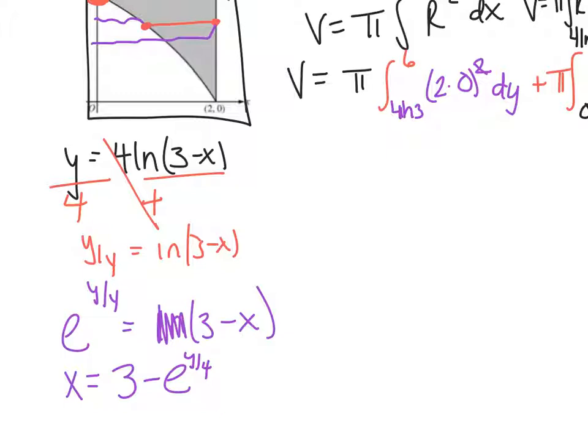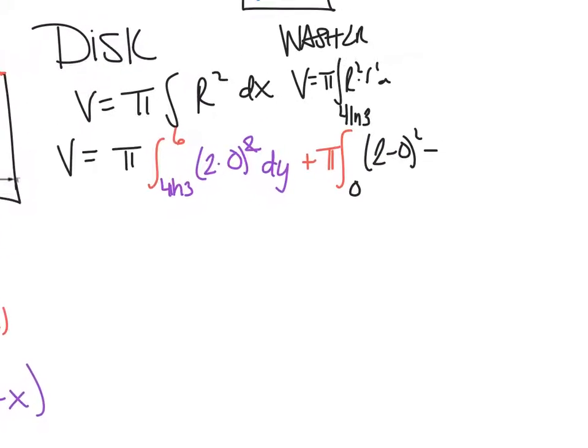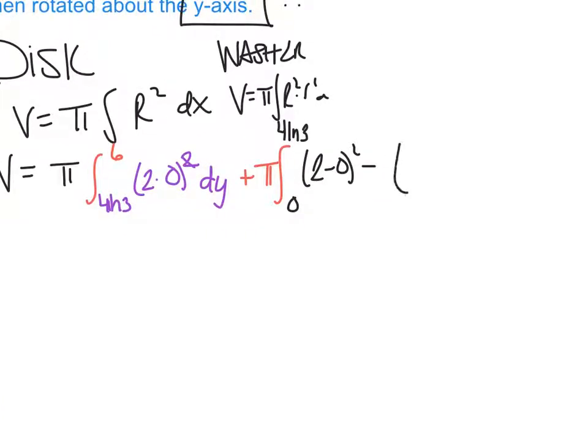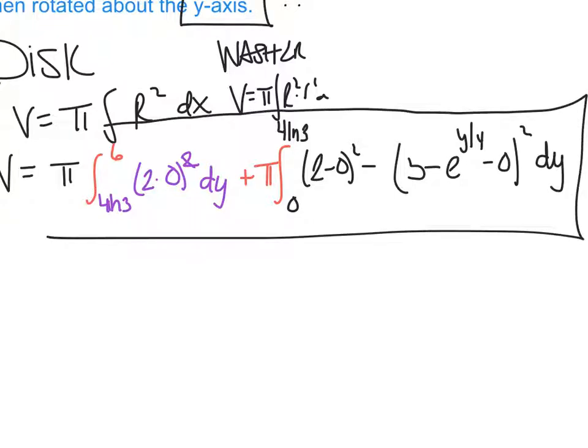And that is what my right side will be, that curve minus 0. So 3 minus e to the y over 4, minus 0 squared, and then again dy. So maybe not the prettiest, but that is the entire setup for that volume equation.